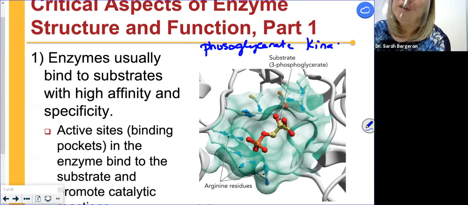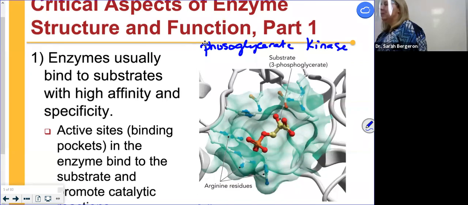What does this enzyme do? It's a kinase. It phosphorylates. What does it phosphorylate? Phosphoglycerate. They've actually named these things nicely, I have to say.